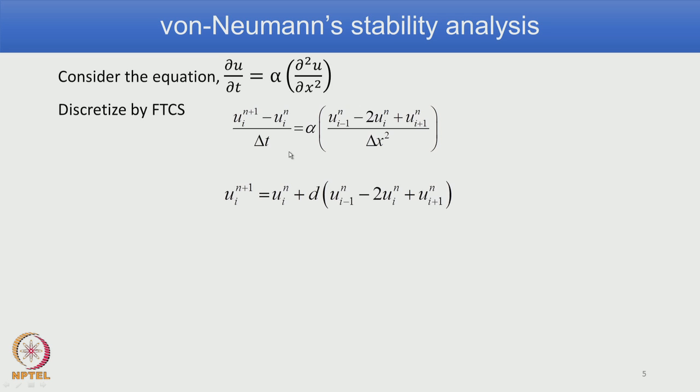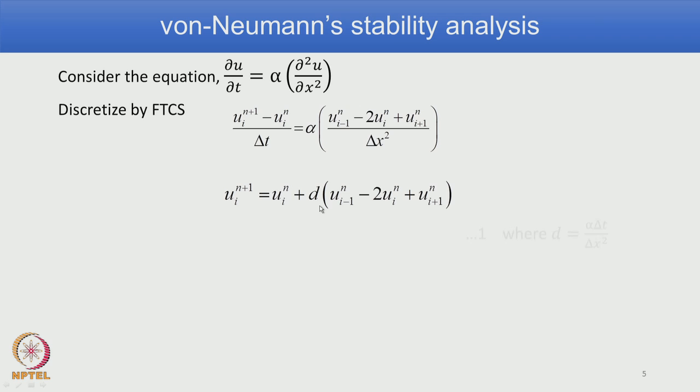Now, with just a rearrangement we take the Δt to the other side; u_i^n is also a known value because it is evaluated at the nth level, so it also goes to the other side. The only quantity to be determined is u_i^(n+1). So that is rewritten and you get u_i^(n+1) = u_i^n + d times this expression.